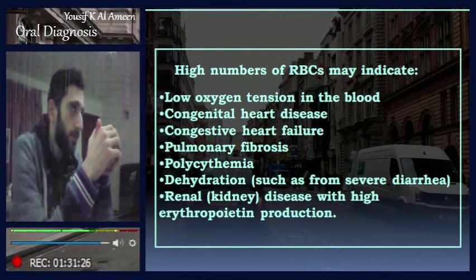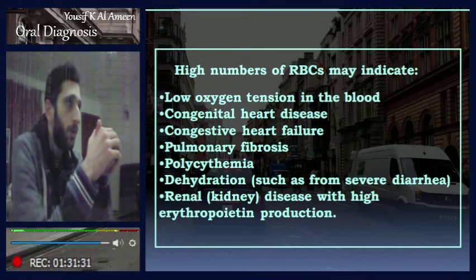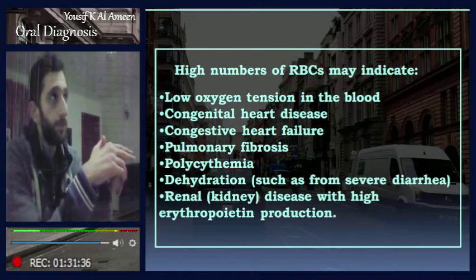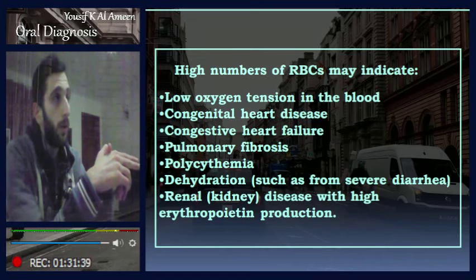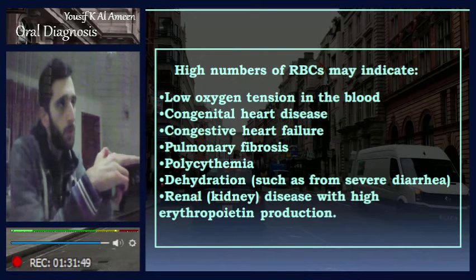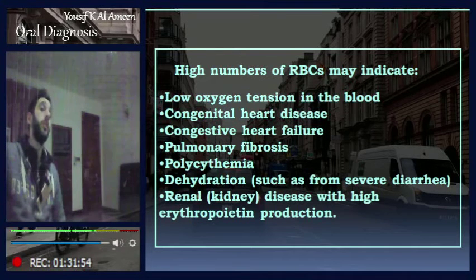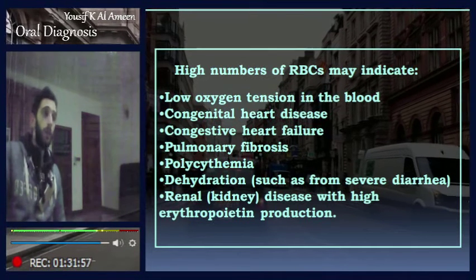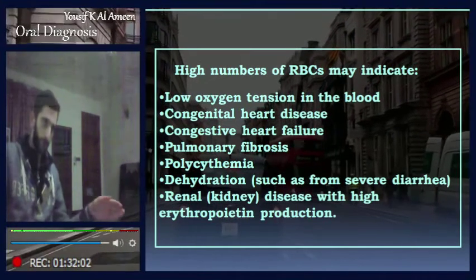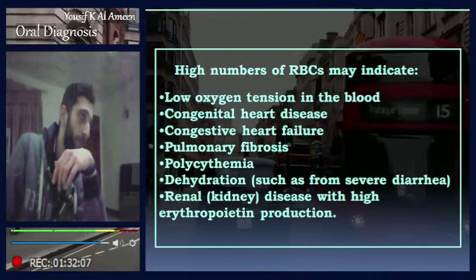Congenital heart disease, congestive heart failure, pulmonary fibrosis, polycythemia, dehydration such as from severe diarrhea, renal disease with high erythropoietin production. That all cause a high number of RBC.